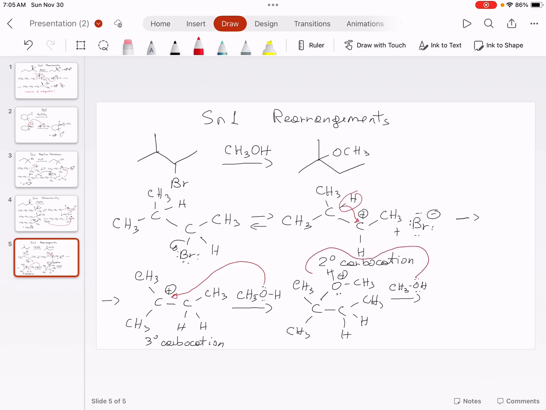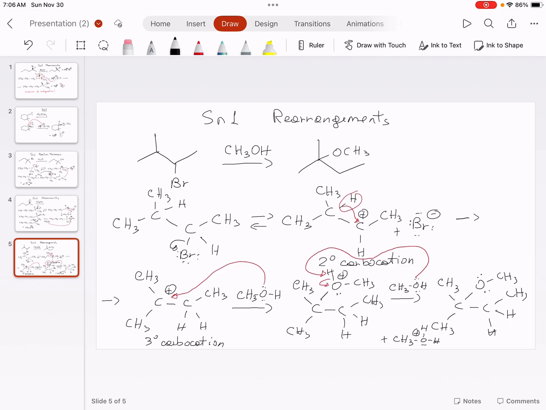We have to go around, remove this hydrogen, and the electrons go back onto the carbon. This gives the final product, which is an ether. Plus, we also get protonated methanol as a byproduct.